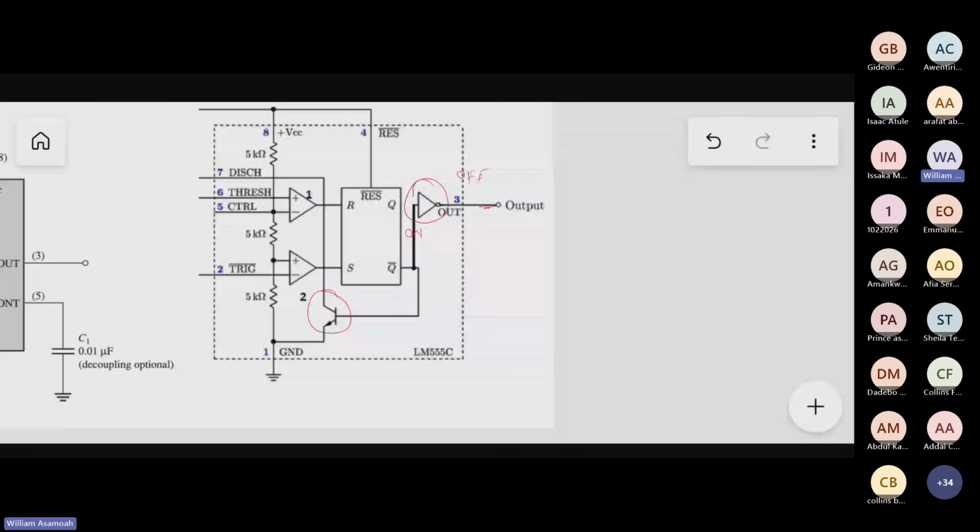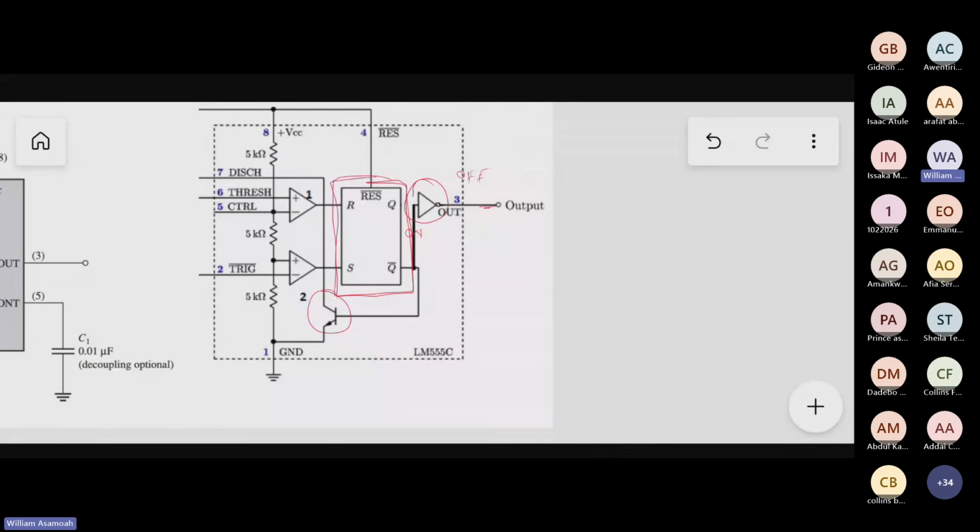If this one is off, this one too is off, so no electricity flows to ground. Is that right? Okay. Now this one here, we call it a latch, an SR latch.